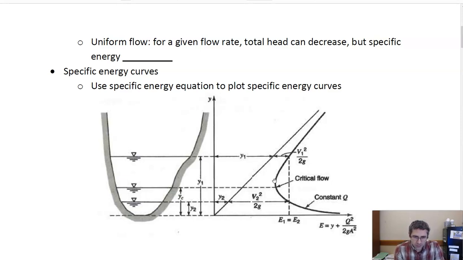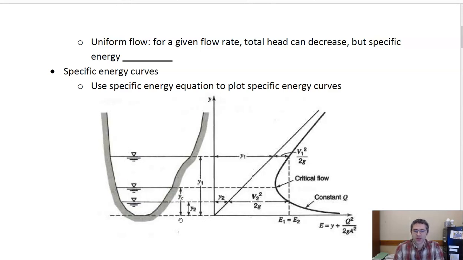There's an exception to the two possible depths rule, which is right here at the apex. This is the minimum specific energy possible for this flow rate, and it happens at something called critical flow or critical depth. So if you look over here, there's an equivalent depth in this channel for all of these, and at the critical flow here, there's y sub c, which is what we call critical depth.